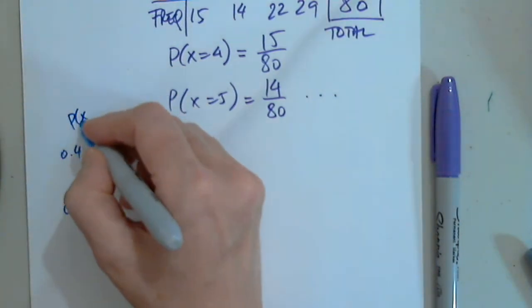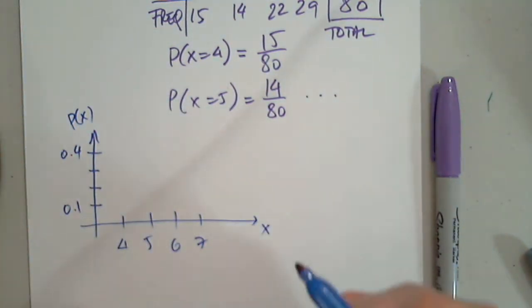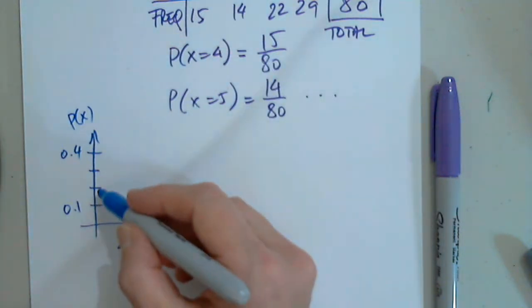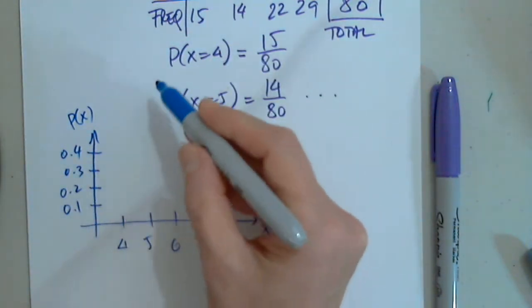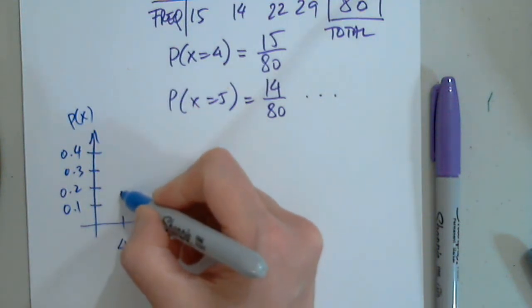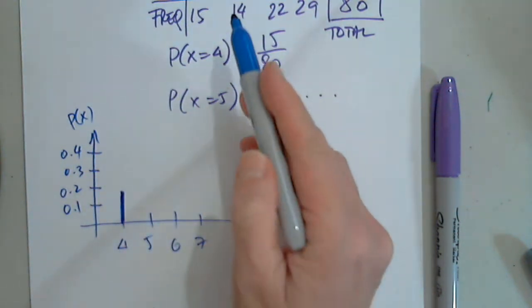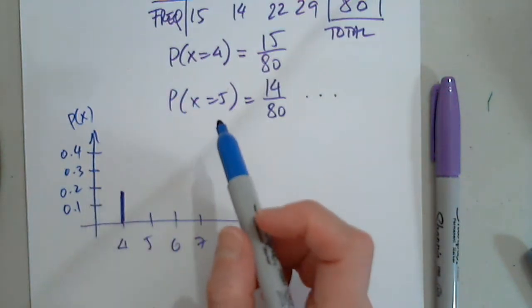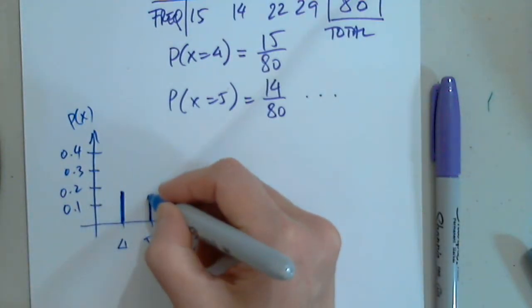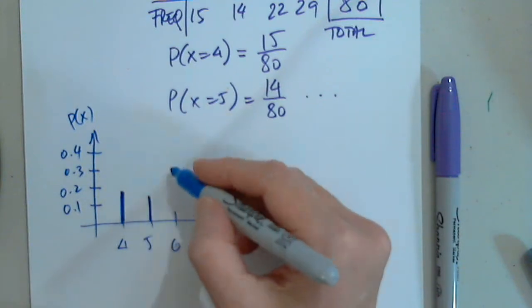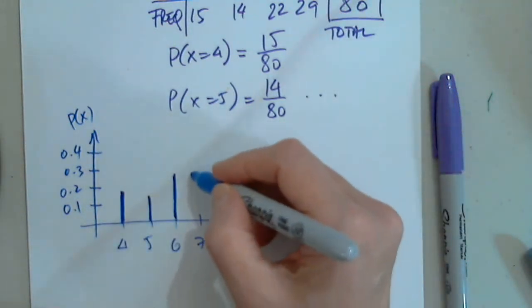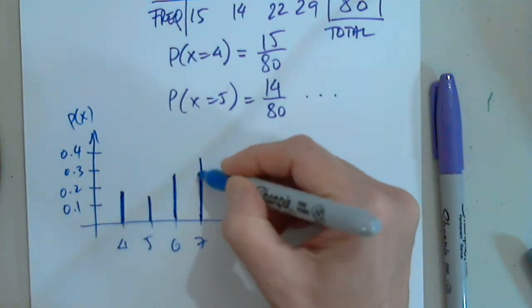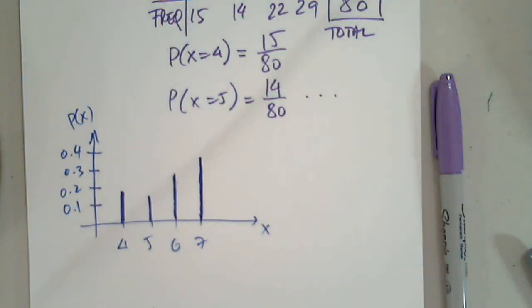This is the probability, and this is x. For 4, I have a little bit under 0.2, so right here. For 5, a little bit lower. For 6, close to 0.3. And for 7, close to 0.4 actually. So that's the probability distribution, the histogram.